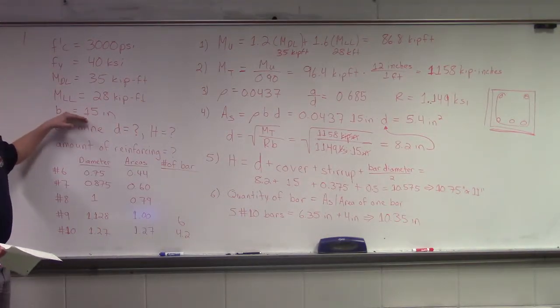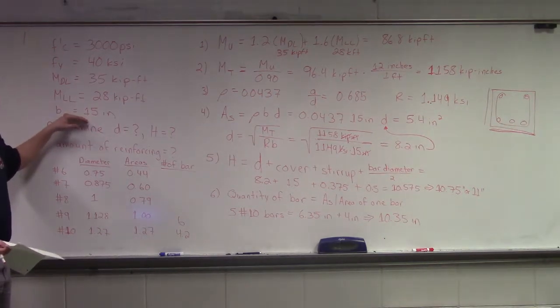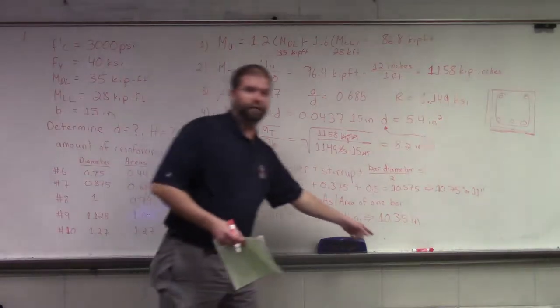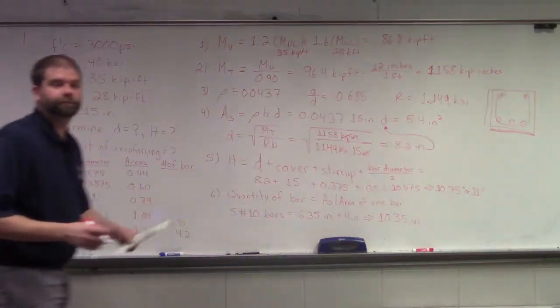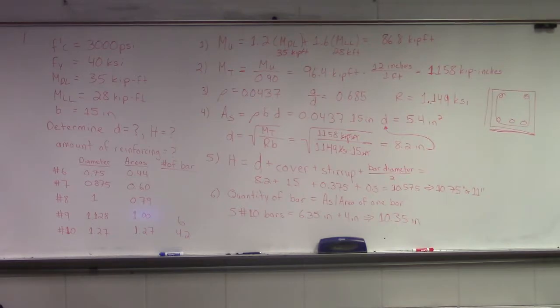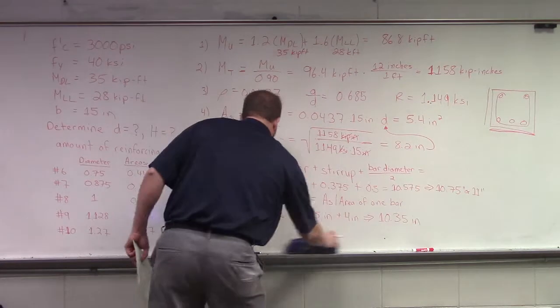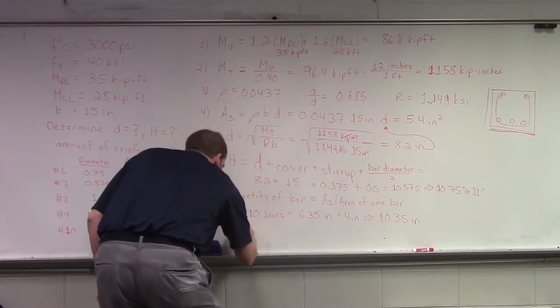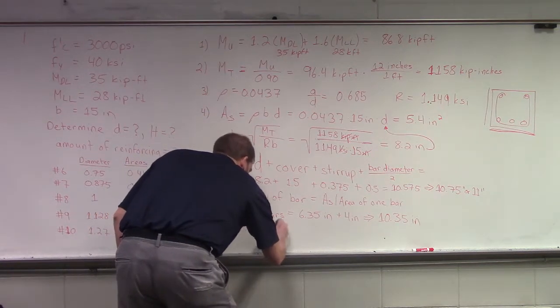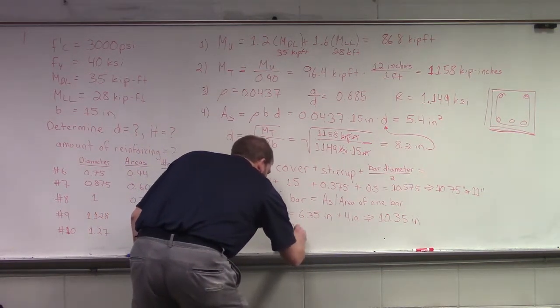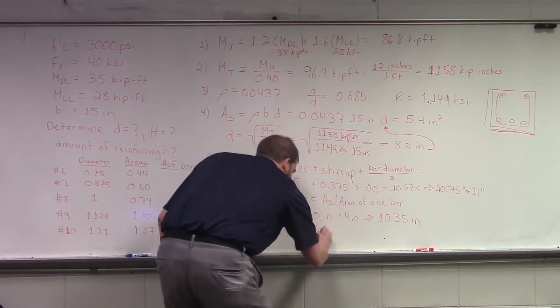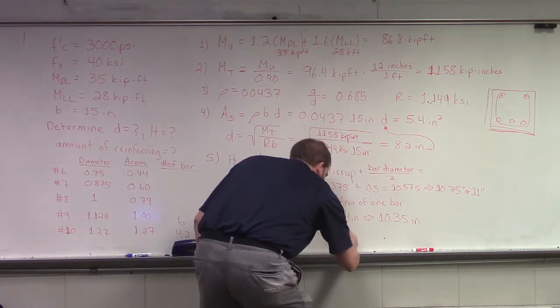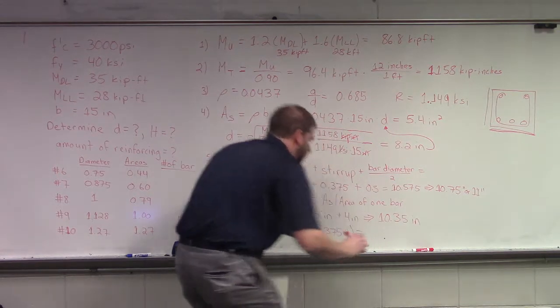After we take off our cover and our stirrups, how much space do we have left? We have 15 inches minus 2 times 1.5 inch for cover, minus 2 times 0.375 inches for our stirrups.